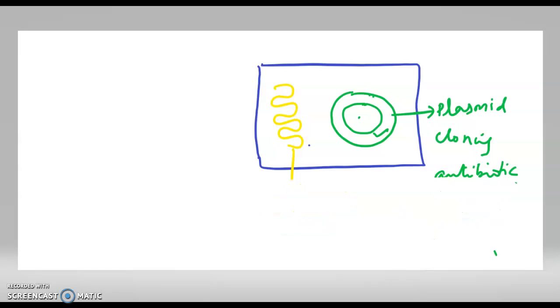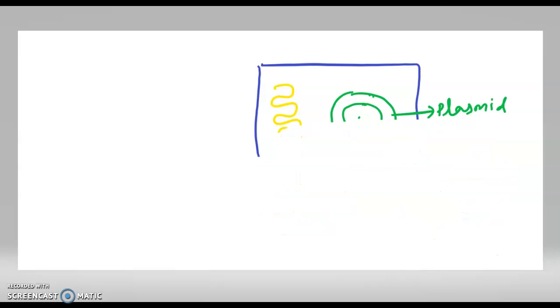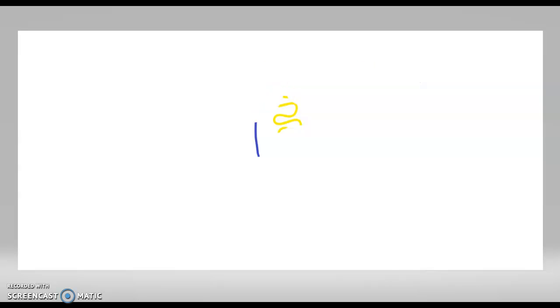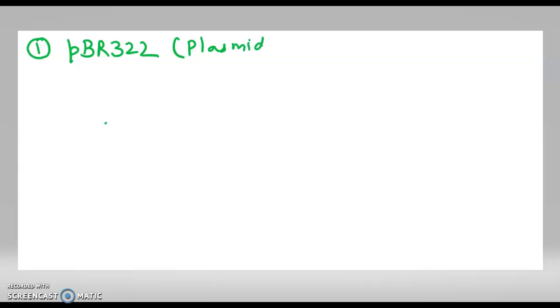Now we'll study different types of plasmids which are modified and synthetic in nature. The first type is pBR322. This is the first type of plasmid vector which is synthetic. It is prepared in the lab.